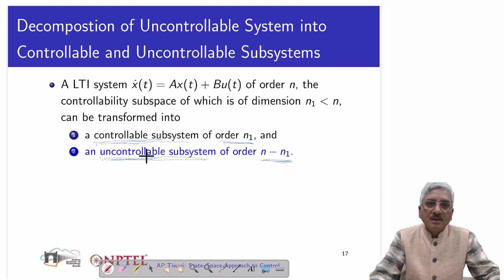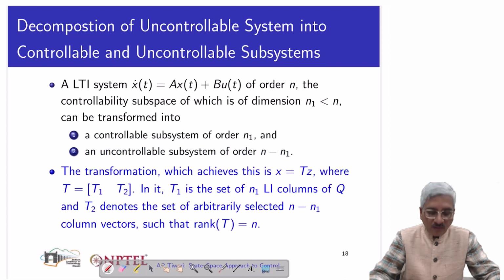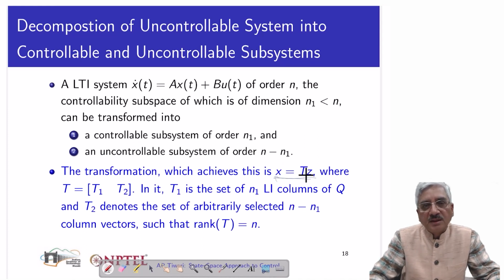Mathematically, this kind of decomposition is possible, and this is done through a linear transformation x equal to Tz. We have seen that through a linear transformation we get equivalent models.